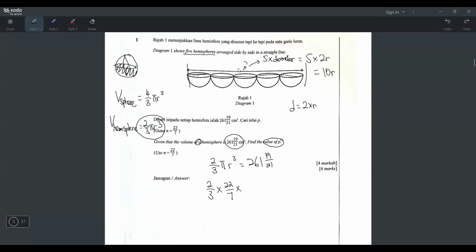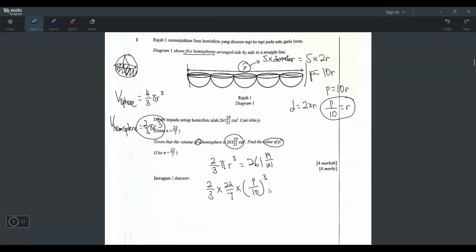It means P is actually 10 times radius, because it's 1 radius, 2 radius, 3 radius, 4, 5, 6, 7, 8, 9, 10. So for the radius, you can put in P over 10, because if P equals 10r, then r will be P divided by 10. And we can sub it in like this.